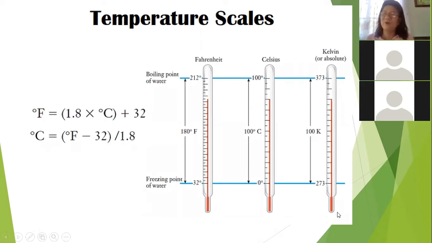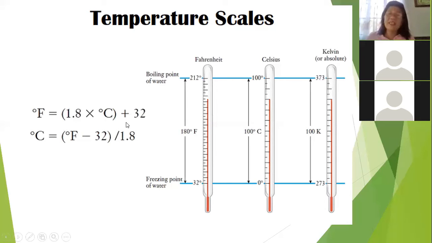Or you can just use 273. That is equivalent to 273. Okay? So for water, it will boil at 212 in Fahrenheit. Then in centigrade, it's 100. In Kelvin, it's 373.